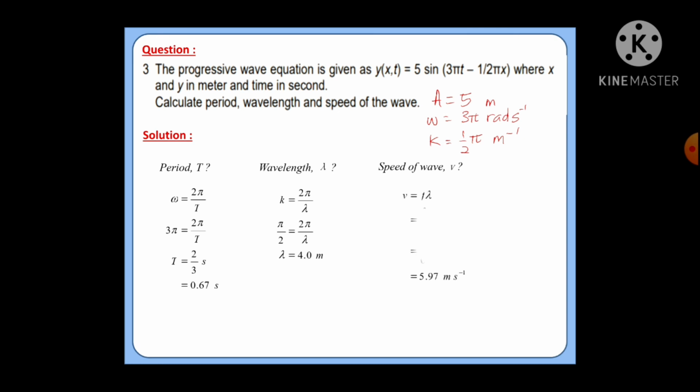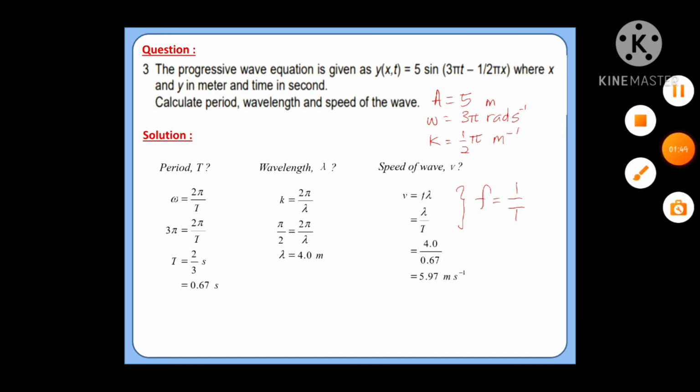We use the equation v equals f lambda. We substitute the frequency and the wavelength, and because frequency is equal to 1 over T and we have the value for T, when we substitute, we get the speed of the wave, which is 5.97 meter per second.